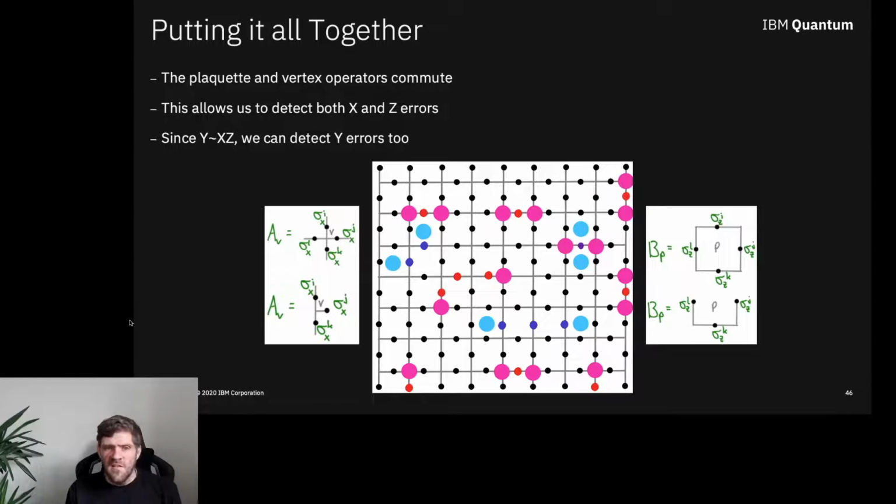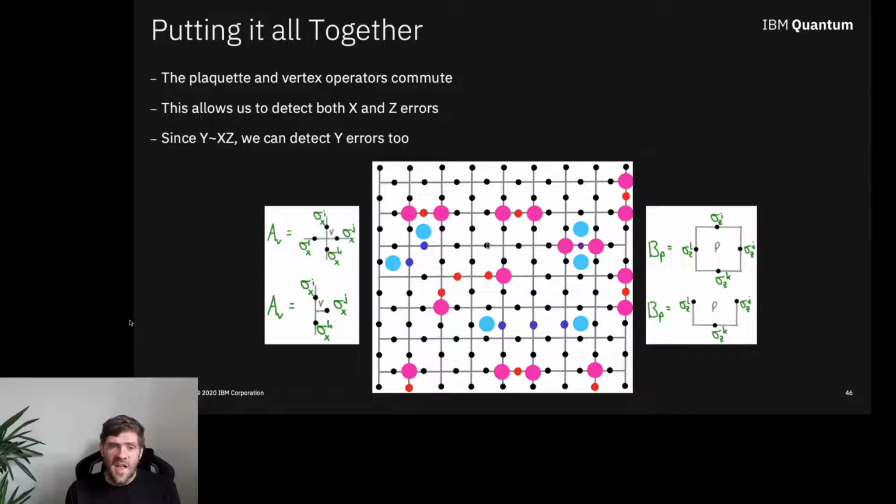So if we put it all together, this allows us to detect both bit flip and phase flip errors. So we can detect X errors, Z errors, and Y errors, because the Plaquette syndrome detects the bit flips and the Vertex syndrome detects the phase flips.